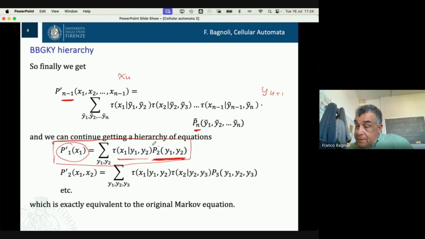But clearly this is given by another equation, which gives the probability of observing a pair in terms of a triple, and so on.